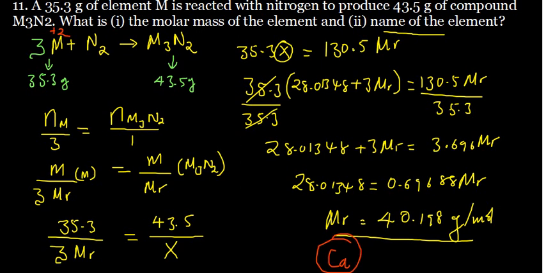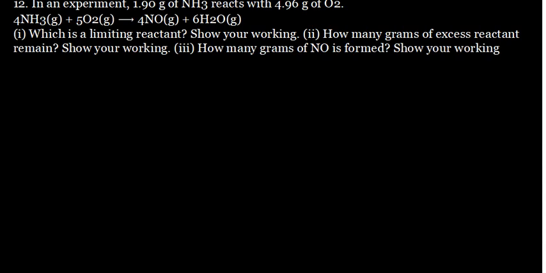Right. Question number 12. In an experiment, 1.90 grams of ammonia reacts with 4.96 grams of oxygen, as you are able to see. Which is the limiting reactant? Show your working.